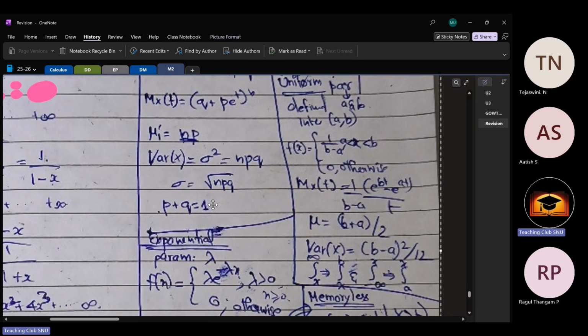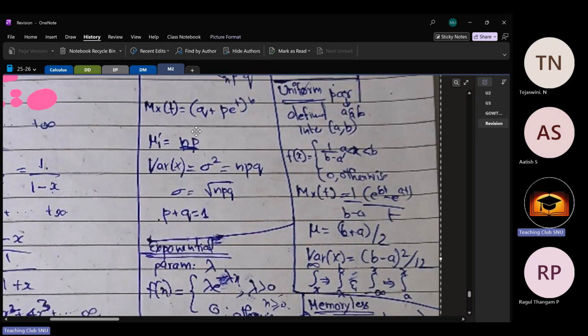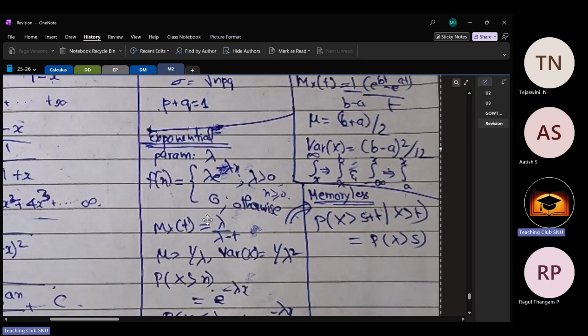Mx of t is given by q plus p e power t, whole power n. If you want to remember these functions, well and good. If you don't, you can always derive this. Very simple derivation only. The mean is going to be np, the variance is going to be npq. So standard deviation is root of npq. And obviously p plus q is equal to 1. Probability of success plus probability of failure should always be 1.